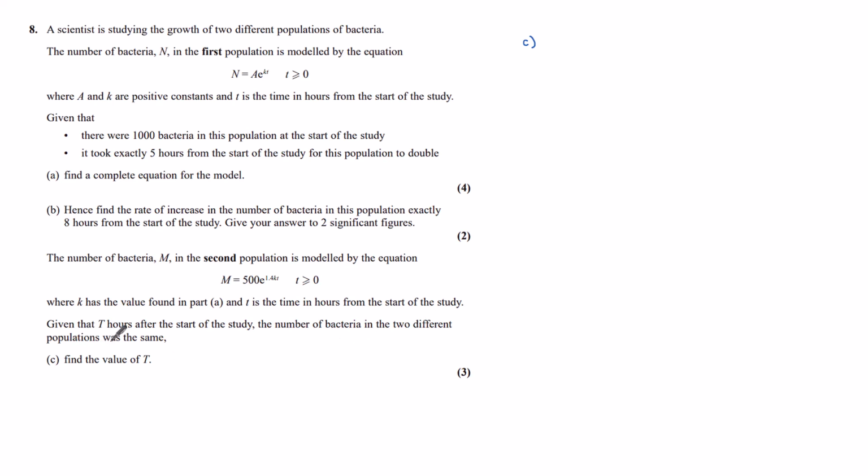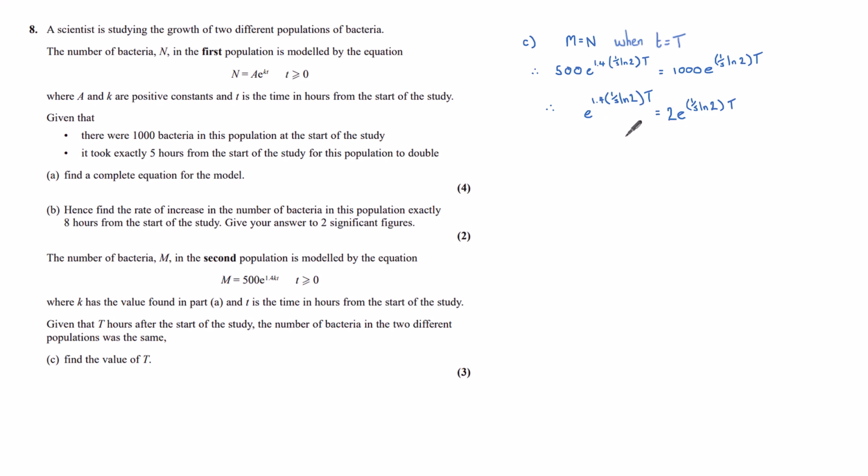Given that capital T hours after the start of the study, the number of bacteria in the two different populations was the same, find the value of T. We're told m is equal to n when our time is this capital T. So we can write our equation for m with the capital T equal to our equation for n with the capital T. Dividing through by 500 gives us the following.